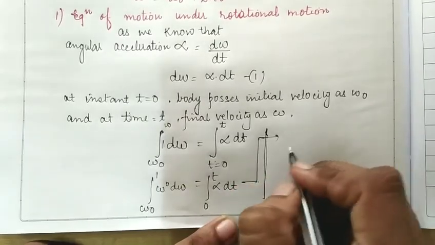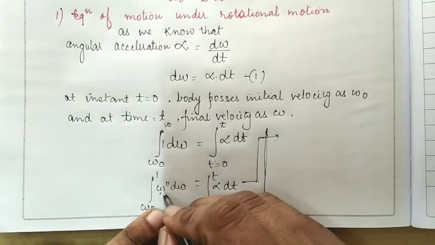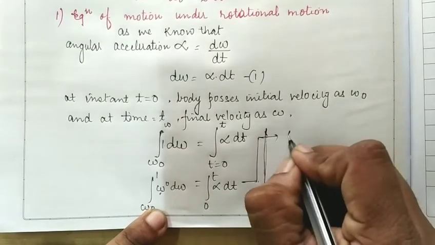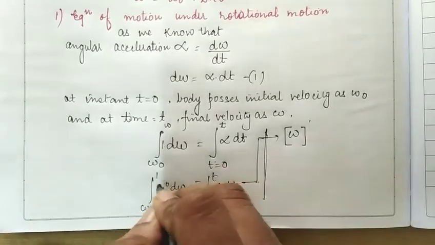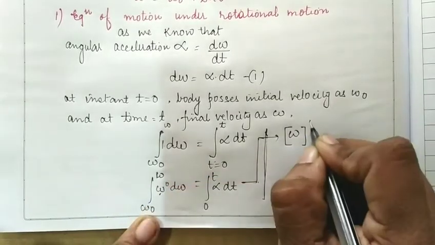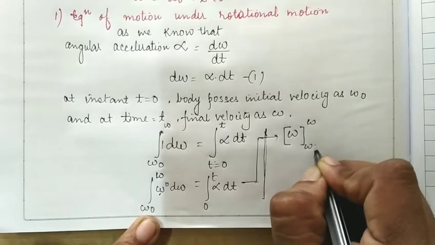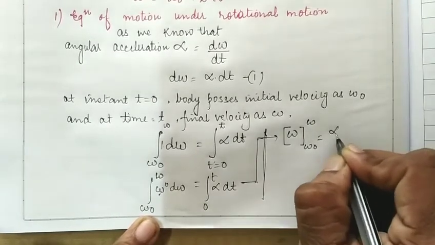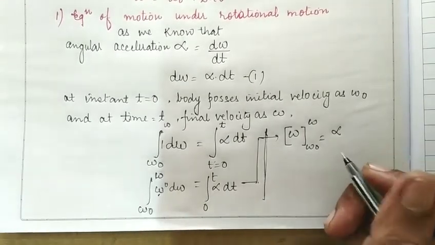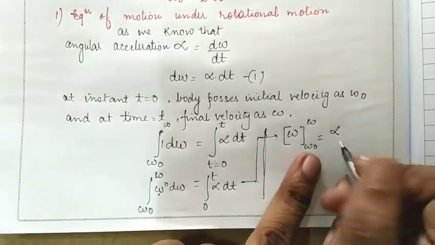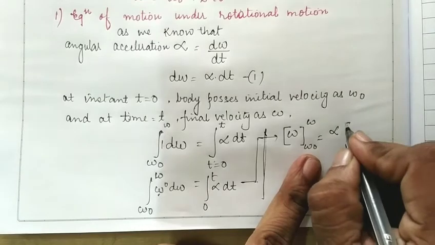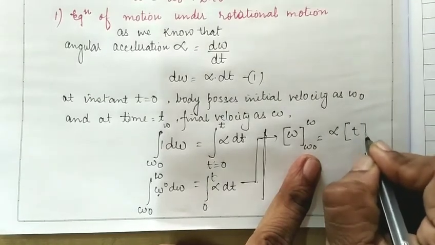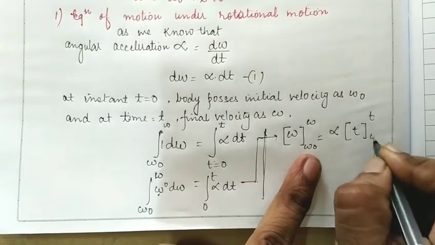Omega to the power 0 d omega becomes omega, with upper limit omega and lower limit omega naught, equals alpha, which is constant for the angular velocity. So alpha comes outside, and 1 into dt gives the integration of t, from 0 to t.